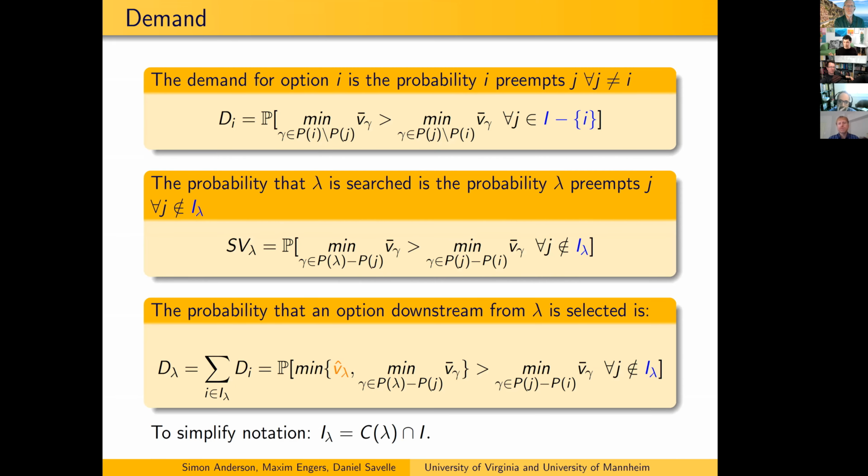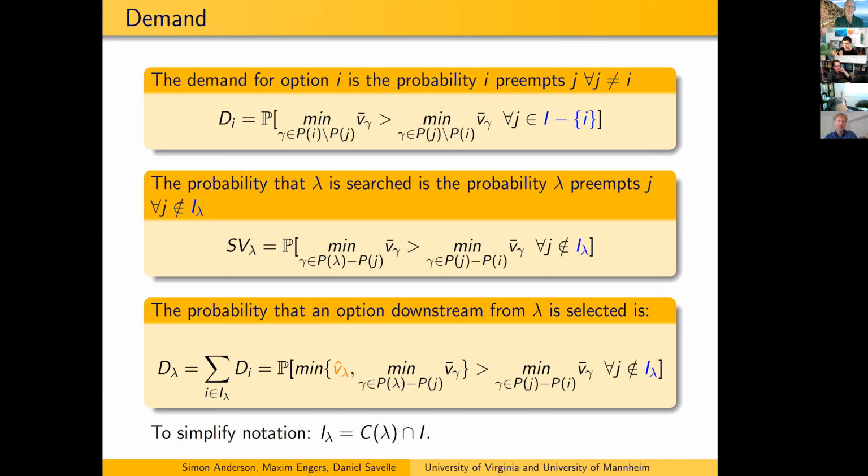I'm going to put up some formulas. This is just to show that 1, they exist, 2, they're somewhat nice, but 3, they're not that nice. The idea is that the demand for I is going to be the probability that I preempts J for all J. But because there are different possible paths, I cannot summarize this as some combination of the scores for I relative to the next best option.